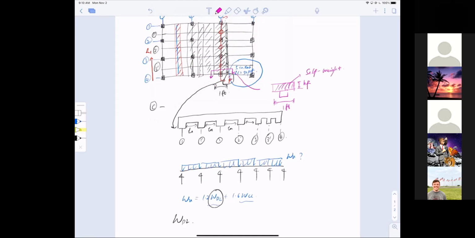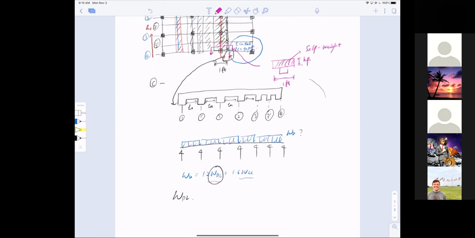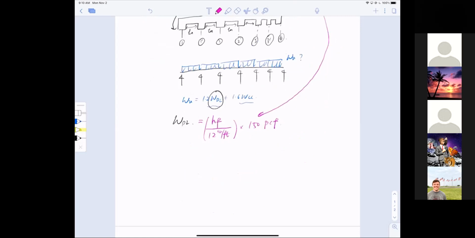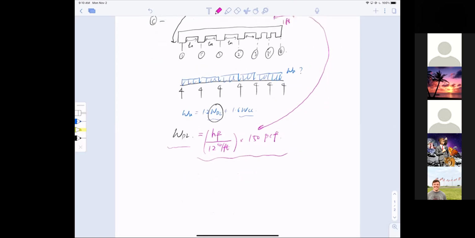So the dead load calculation becomes the height of the slab divided by 12 inches per foot, because this is per foot, multiplied by the weight of concrete, 150 pounds per cubic foot. This is how you calculate the dead load from the slab. Nothing else.